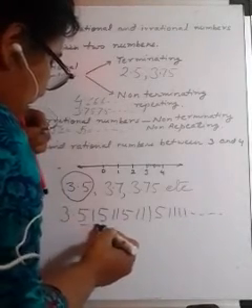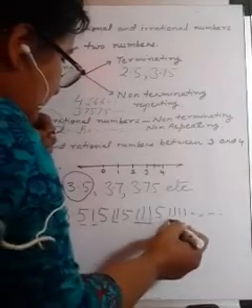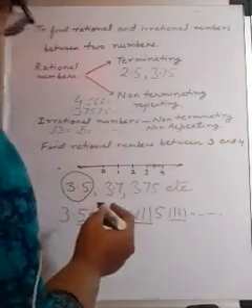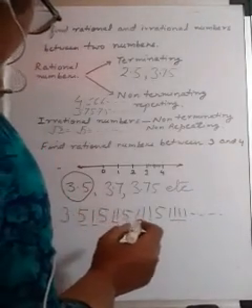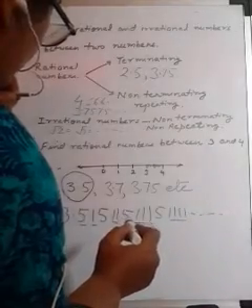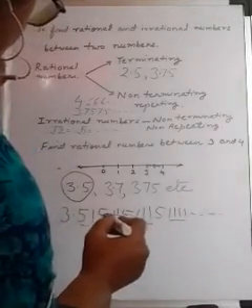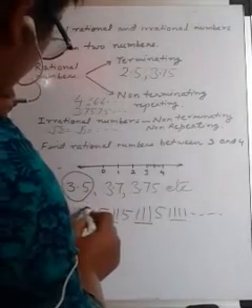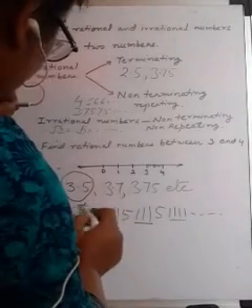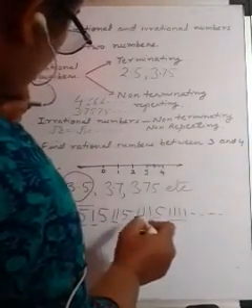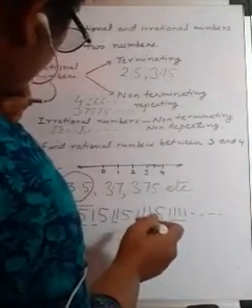Here 1 is occurring once, twice, thrice and 4 times and so on. So there is a pattern, but the numbers are not exactly repeating. The pattern is repeating, but the block is not repeating. So you cannot draw a bar on 5, 1 because 5, 1, 5, 1, 5, 1 is not repeating. So this type of number is an irrational number.